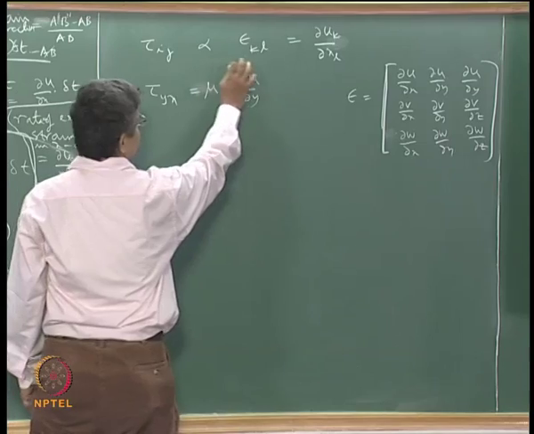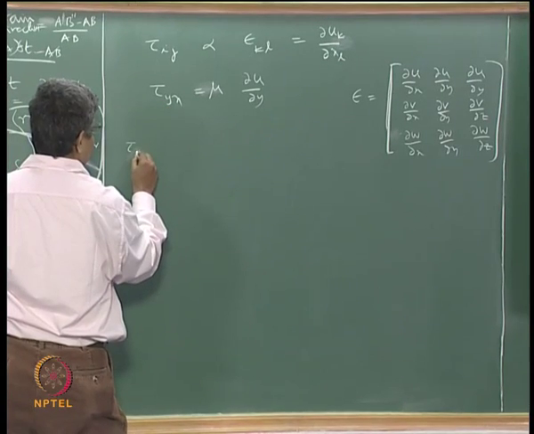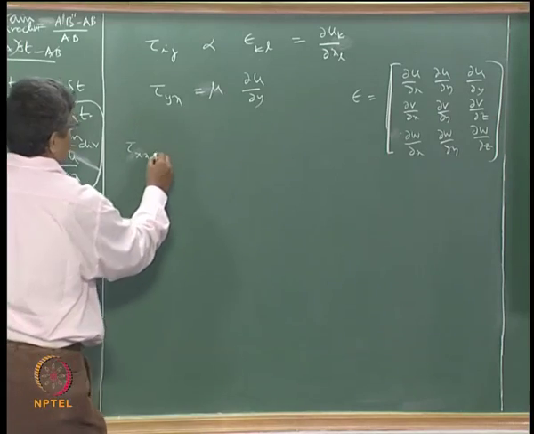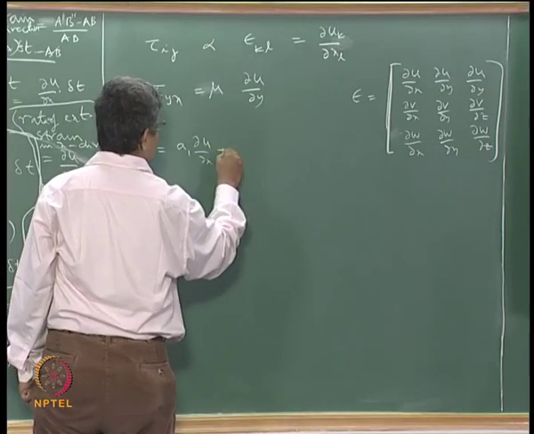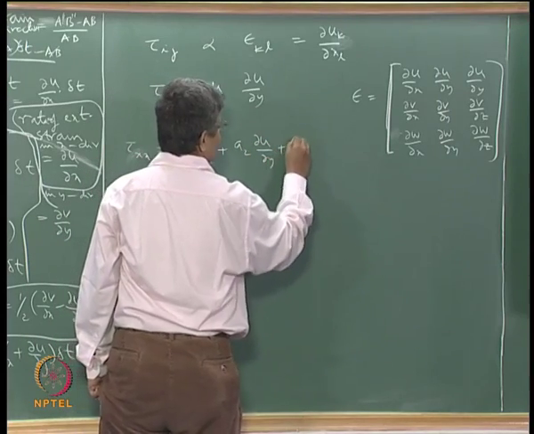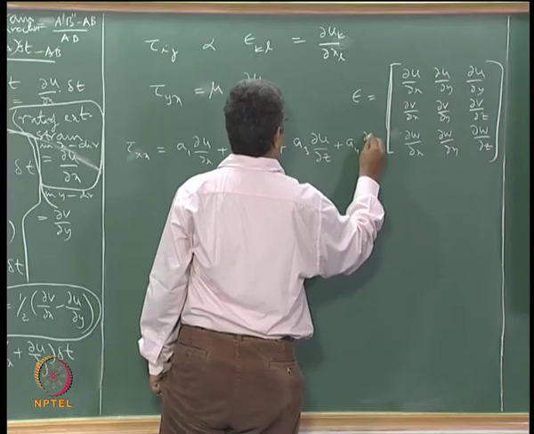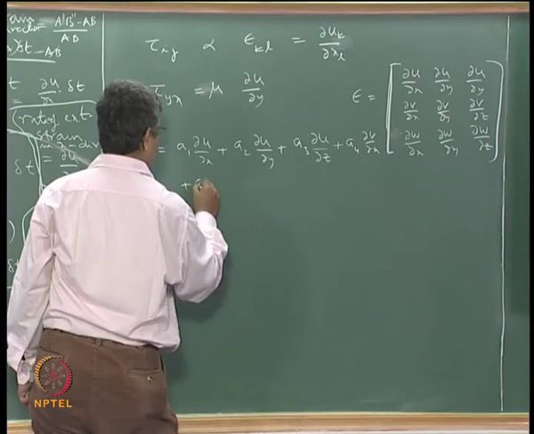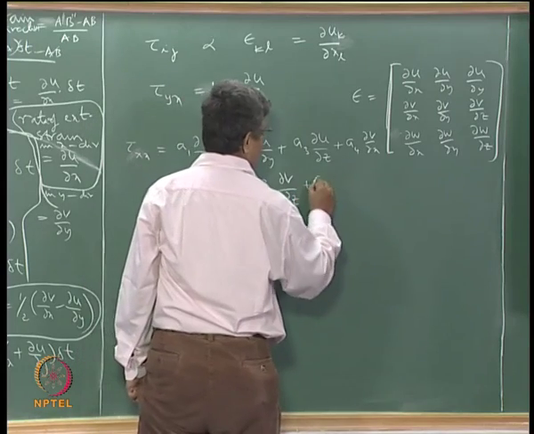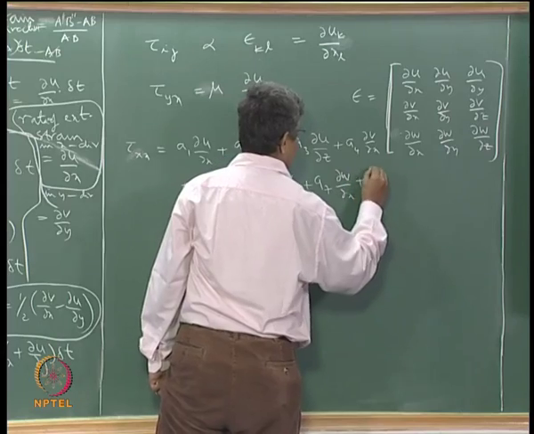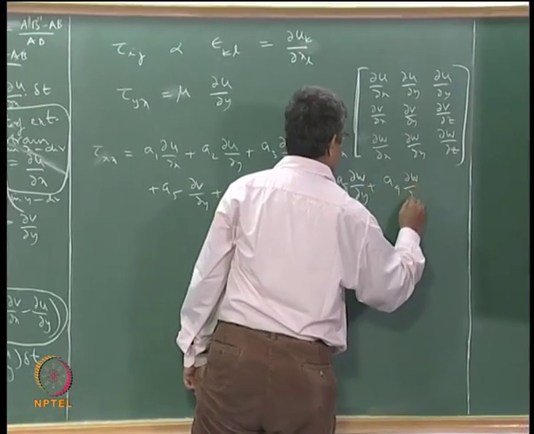For example, if you want to put a linear relation between the two, we should be able to say that, for example, tau xx, one component, is equal to some constant a1 times dou u by dou x plus a2 times dou u by dou y plus a3 times dou u by dou z plus a4 times dou v by dou x plus a5 times dou v by dou y plus a6 times dou v by dou z plus a7 times dou w by dou x plus a8 times dou w by dou y plus a9 times dou w by dou z.